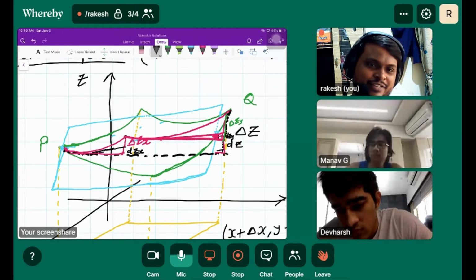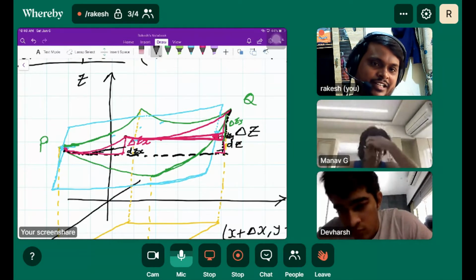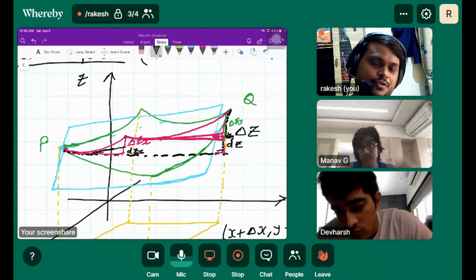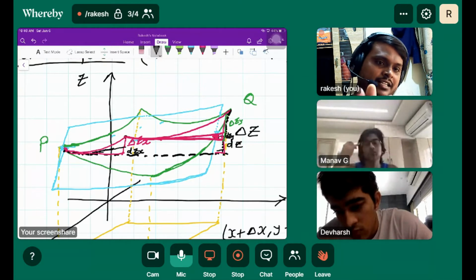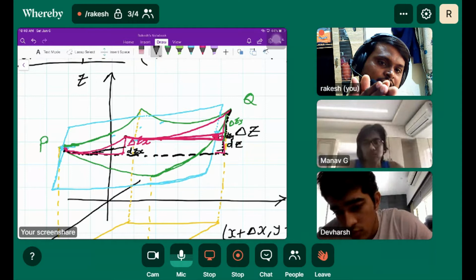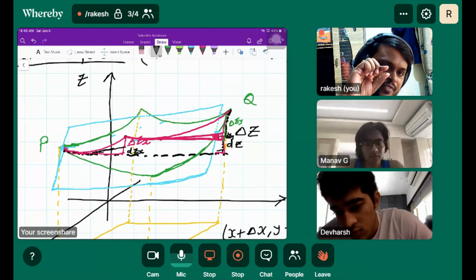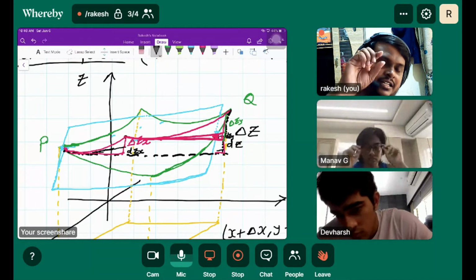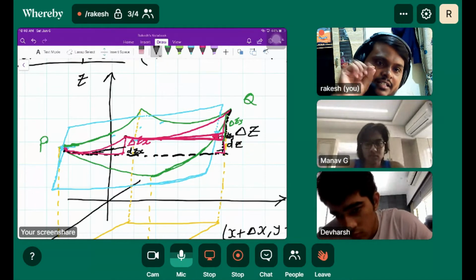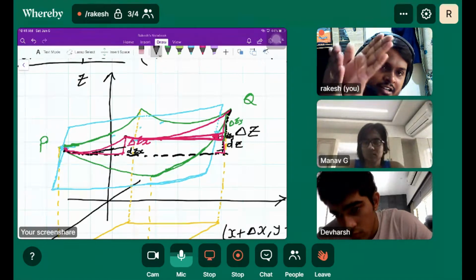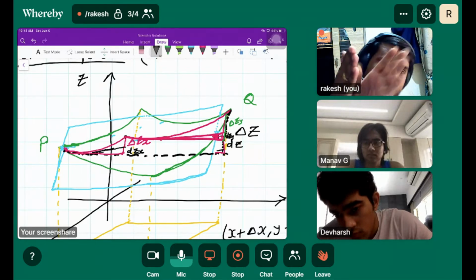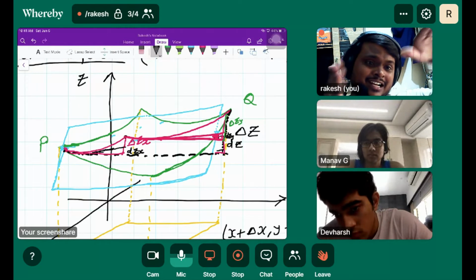So for making it very easy to navigate from P to Q, we'll go along the x-axis, keeping y constant. It will create some differential with respect to x, that is dzx. That is along the x-axis, and then we'll turn right to reach point Q, and continuously we are rising.